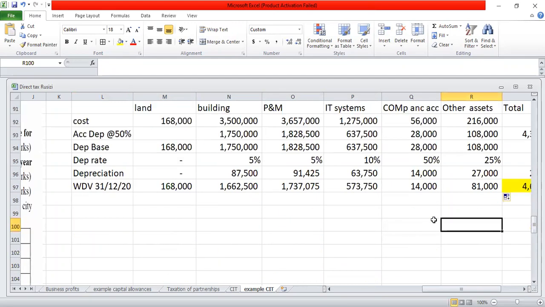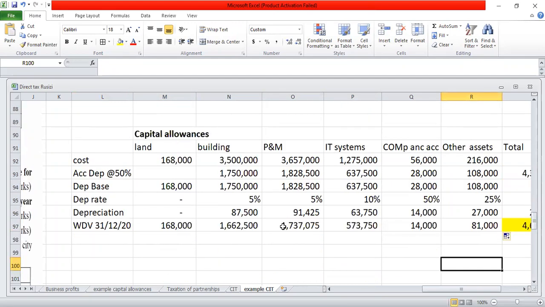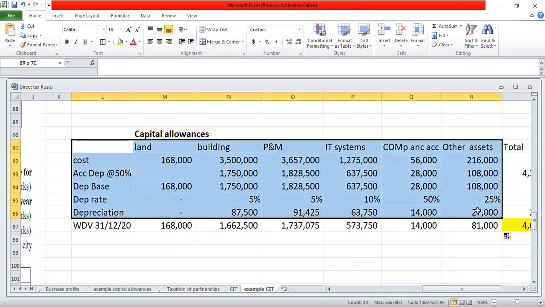So that's my capital allowance that I'm going to do for this question as it is requested in the question.